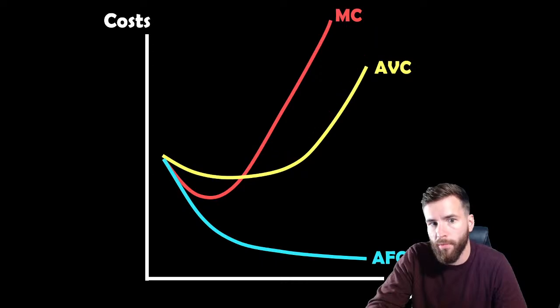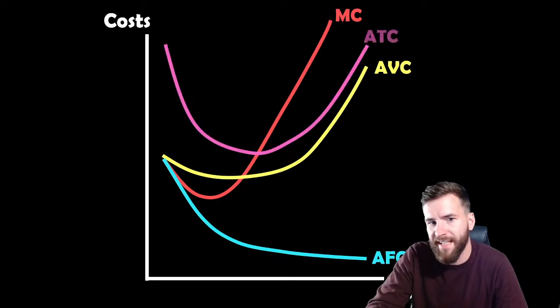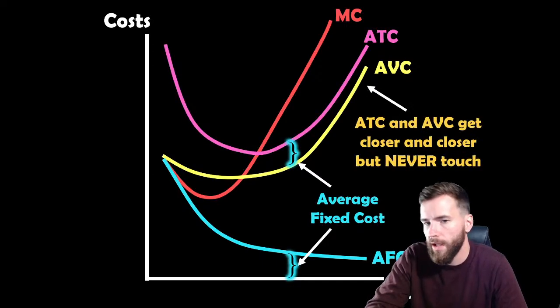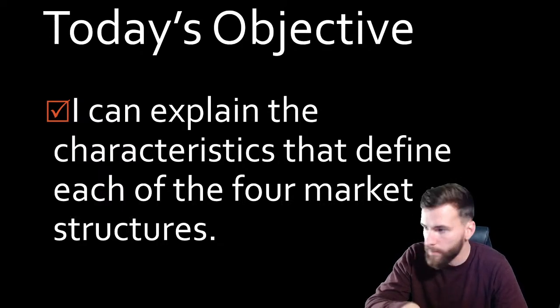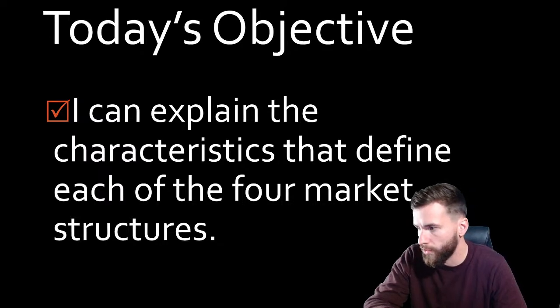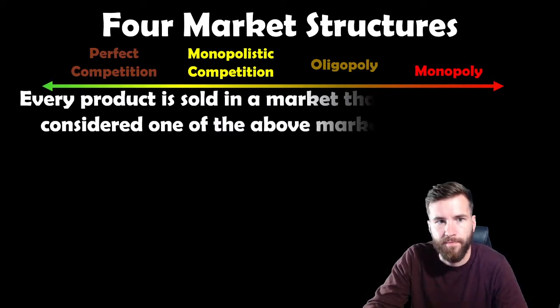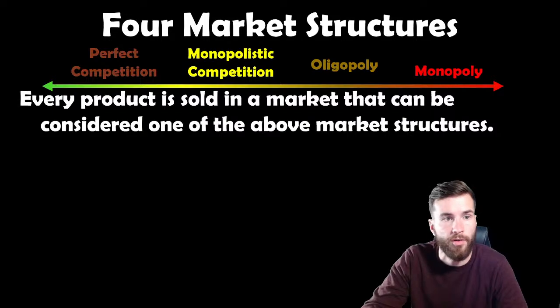But people, you're not going to really draw AVC and AFC very much, so it's not that big of a deal. But starting next week, you're going to have to be doing a lot of drawing on a separate sheet of paper in order to answer most of these questions. So I assume you guys are going to learn how to draw the graph at that point.